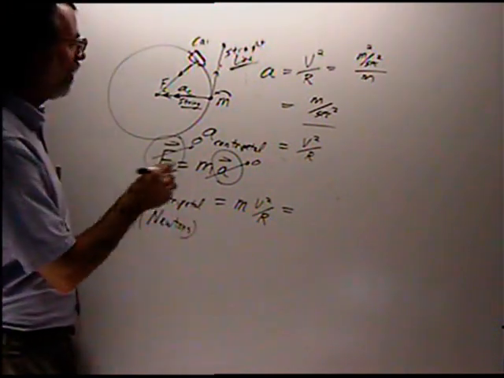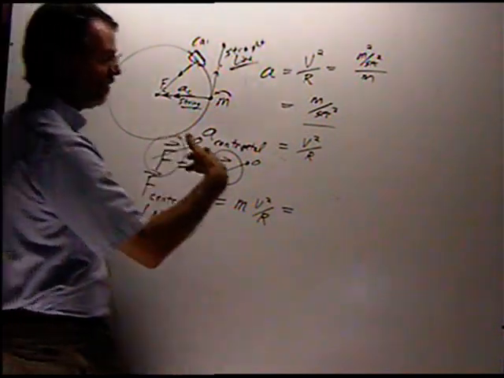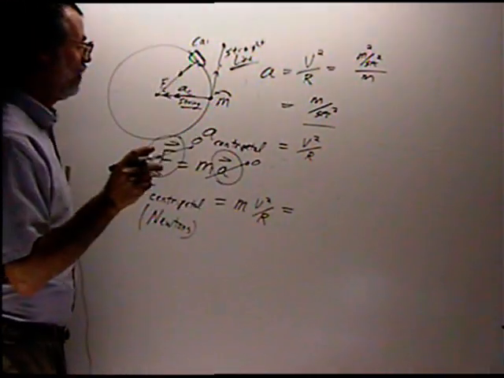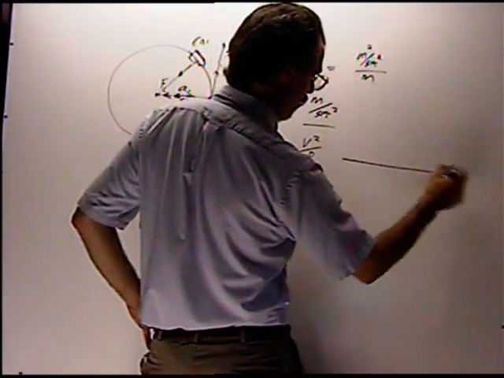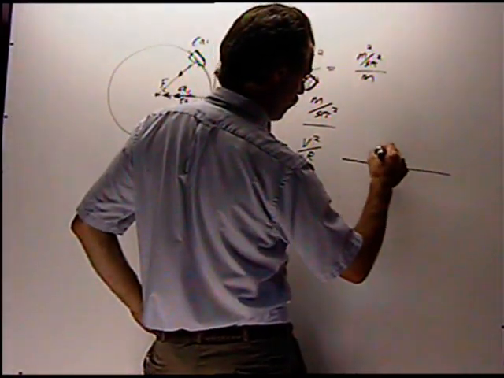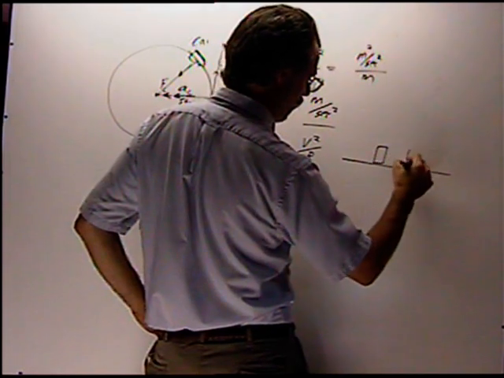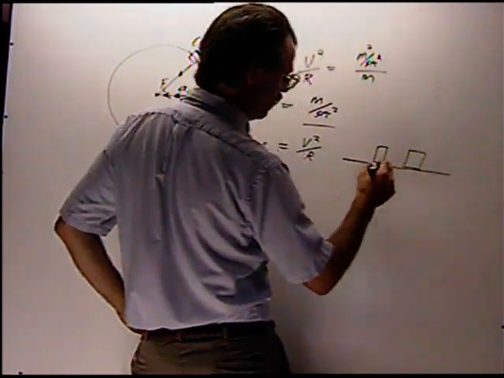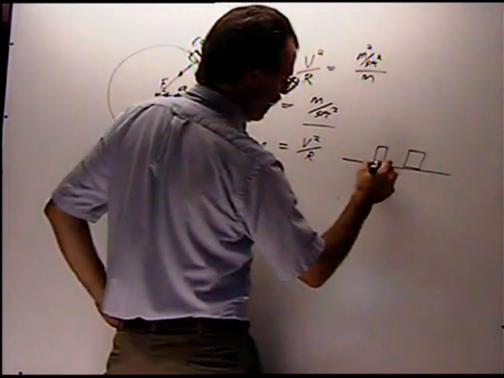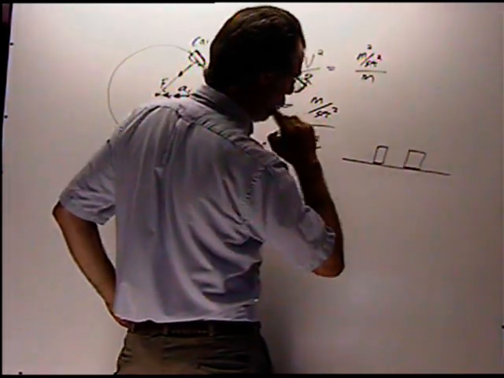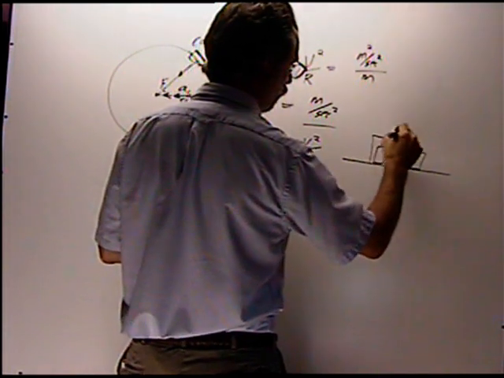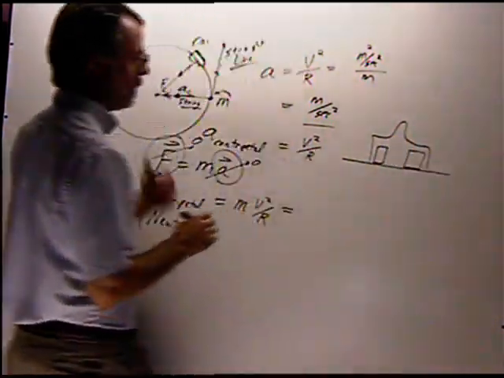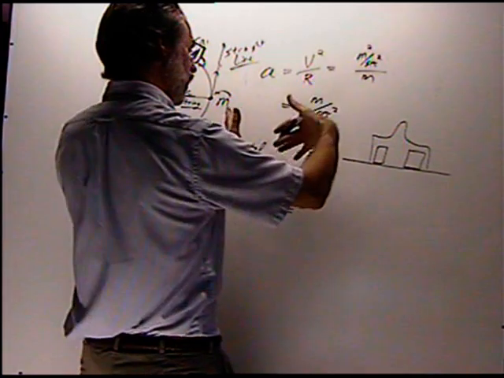Okay. In the case of a car going around a curve in a circle, what provides the centripetal force? If this is a road, it's the tires. The tires connect with the road, and the friction here, if the car is turning, say we're looking at the end of the car, the car is turning this way.